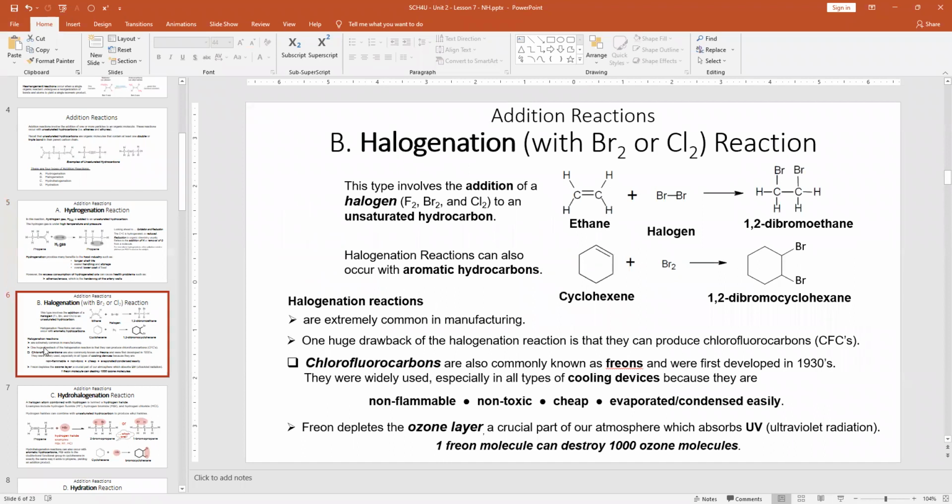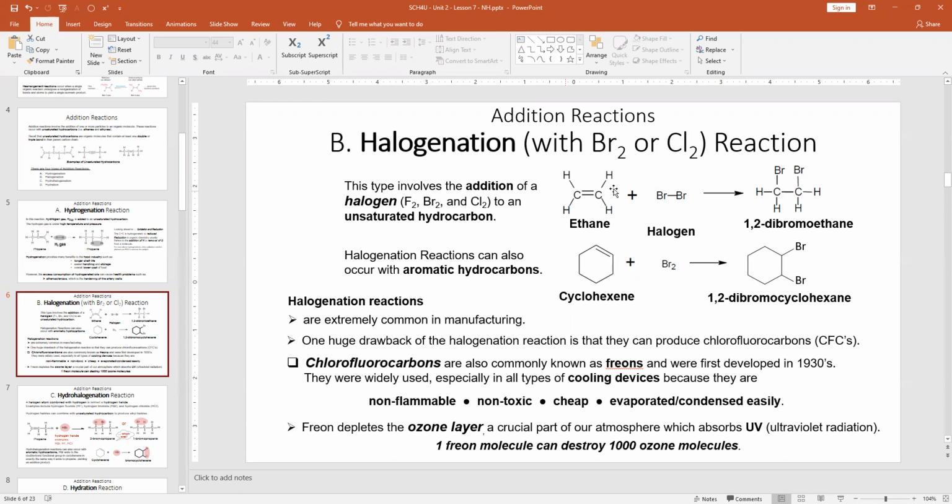The next type of addition reaction, remember we said we have 4 types of addition reactions. The next type is the halogenation, so involving halogen atoms. So molecules such as bromine or chlorine are involved in these halogenation reactions. And here you have the addition of a halogen, bromine, chlorine, fluorine, to an unsaturated hydrocarbon.